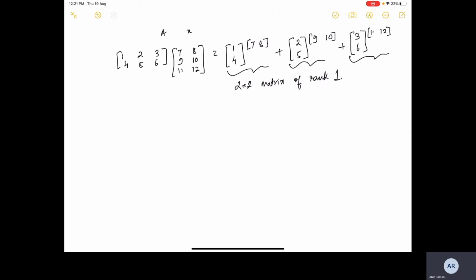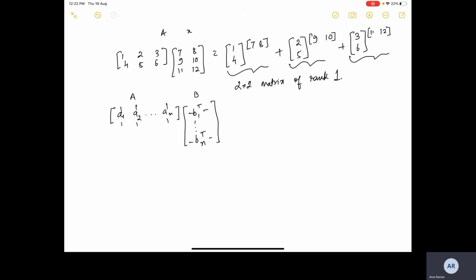If we have a more general matrix, let us say we have an A matrix whose columns are A1 to An, and a B matrix with rows B1 transpose to Bn transpose.